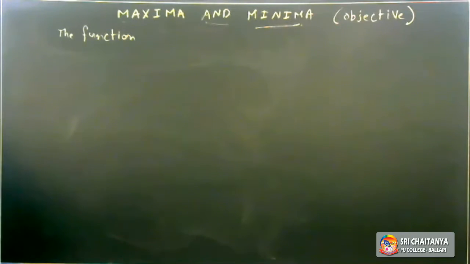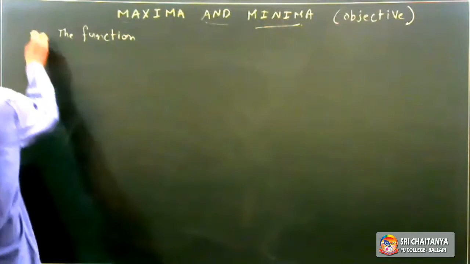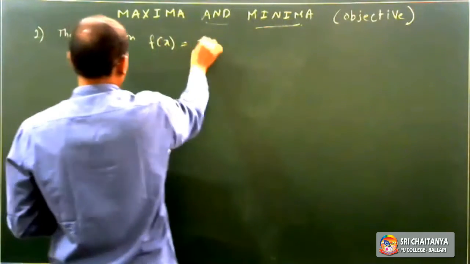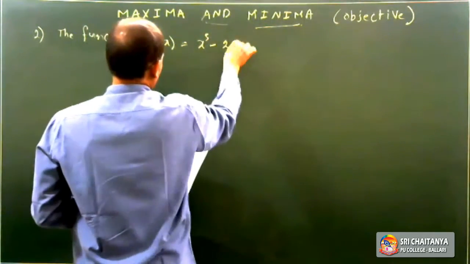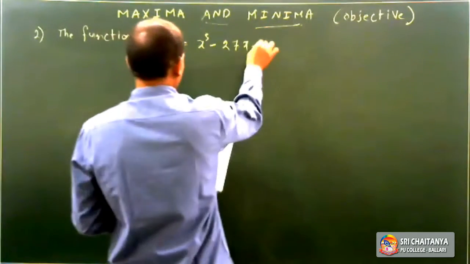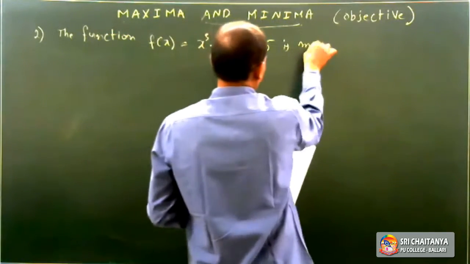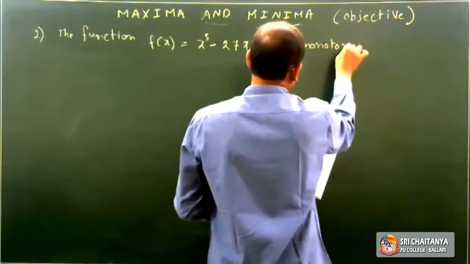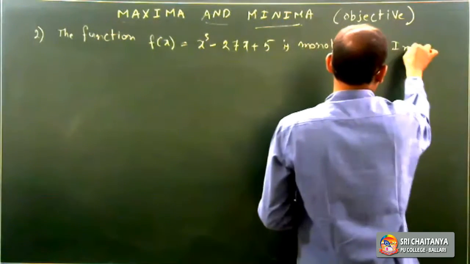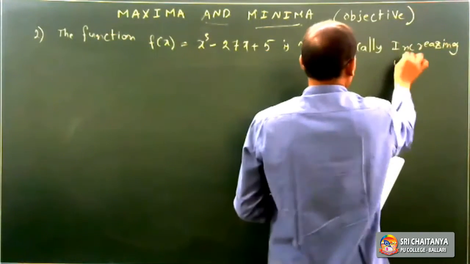The function f of x is equal to x cube minus 27x plus 5 is monotonically increasing when.